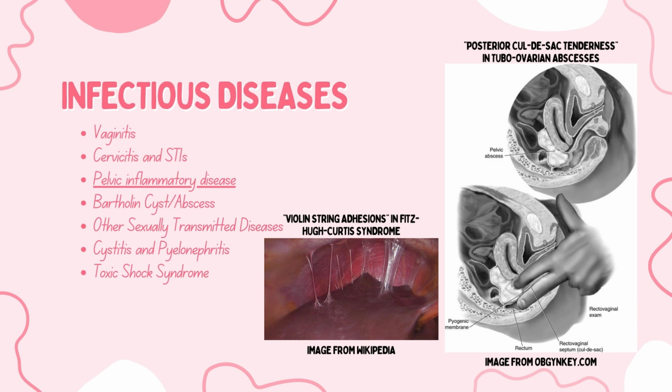Only if there's a risk of anaphylactic shock would you consider the second line, which is levofloxacin and metronidazole. Inpatient: IV second generation cephalosporins like cefoxitin or cefotetan, and IV doxycycline. Alternatives in pregnancy, or if there's a true penicillin allergy, would be clindamycin and gentamicin.